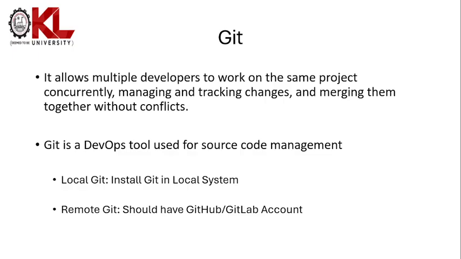It is one of the most widely used tools in the software industry for source code management. This allows multiple developers to work on the same project. Because of this technique only, multiple developers are working on the same project without any clash in the industry.